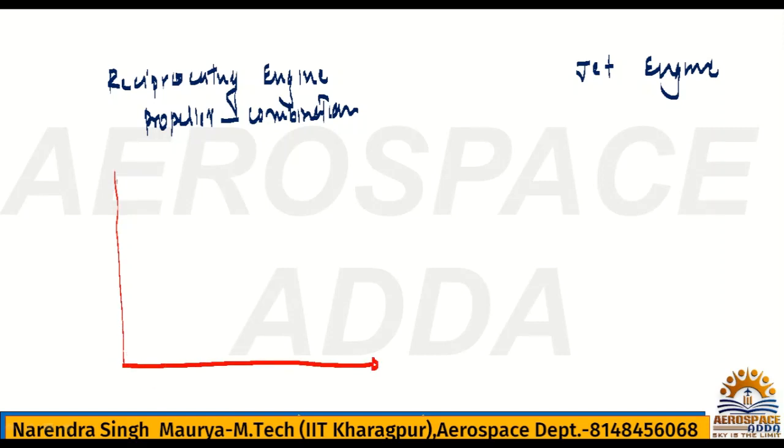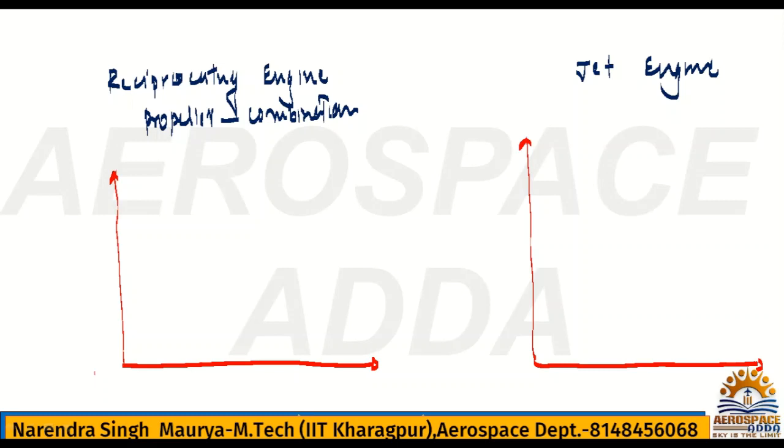Why is this plot variation like this? That is a secondary discussion, part of jet propulsion. When I teach jet propulsion, I will explain this graph and why it is like this. Here I just want to show why for the jet engine we consider thrust as a constant parameter, and why power is constant for the reciprocating engine.